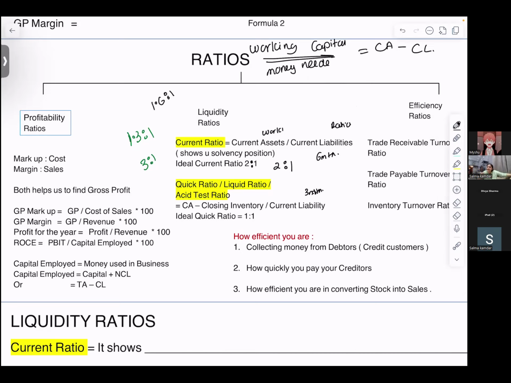But if they ask you for your working capital ratio, I'm changing the words. If they ask you to find your working capital ratio, how would you find it?